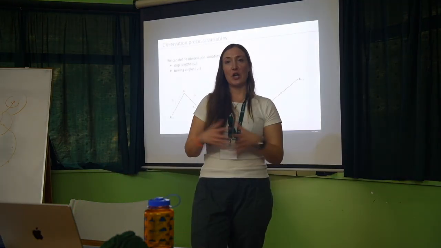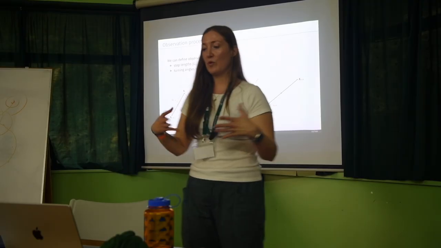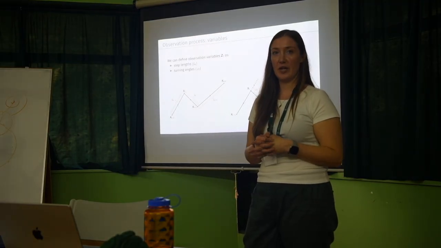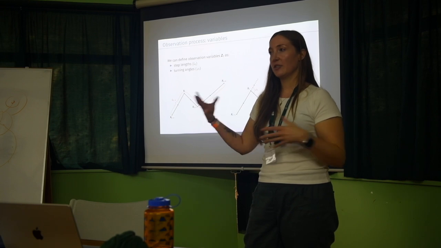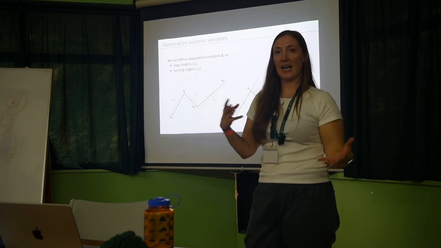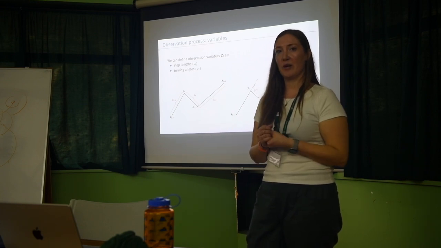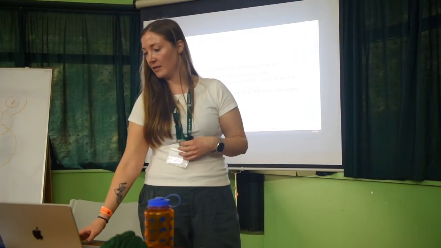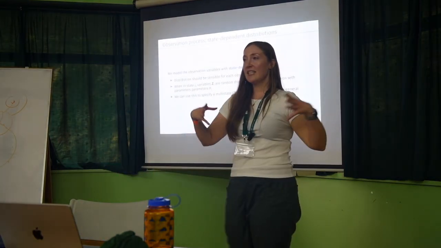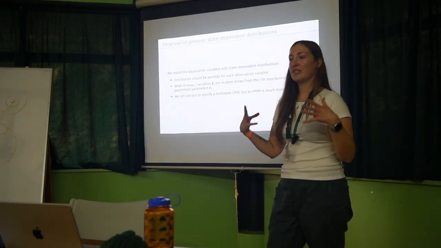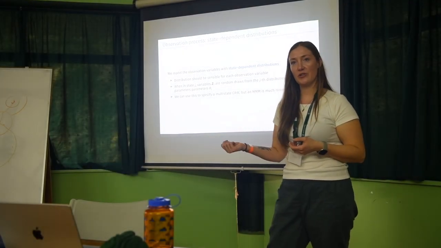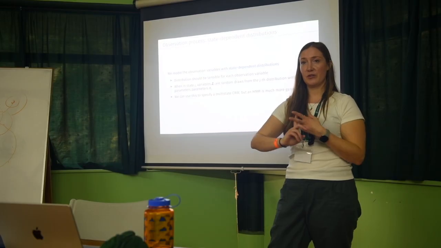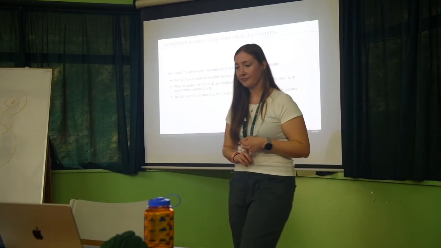Okay, so I'm going to start with the observation process. This would be the actual data that we have. We can define the observation variables as our step lengths and turning angles. That's going to give us a way to have the observation process as a correlated random walk. Basically the observation process is going to be defined as these state-dependent probability distributions, like I showed, the gamma distribution, the von Mises distribution.